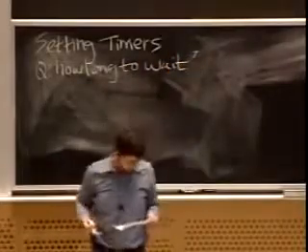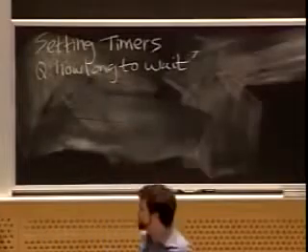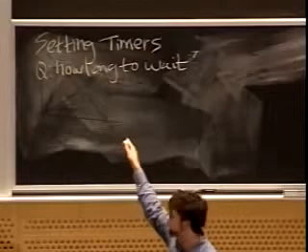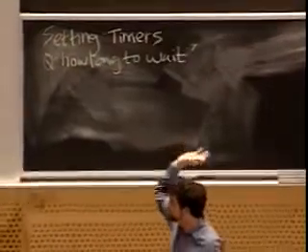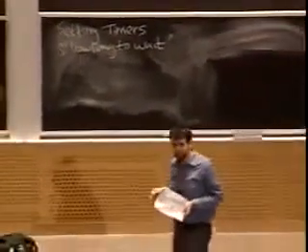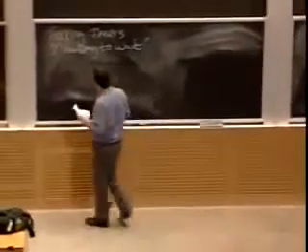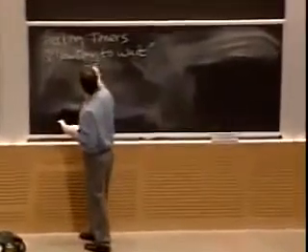A simple answer is, well, whatever the round trip time of the network is, however long it takes for a message to reach the receiver and then for the acknowledgement to be sent back to the sender. We call that the round trip time, or the RTT. So we'd like to wait at least RTT, right?